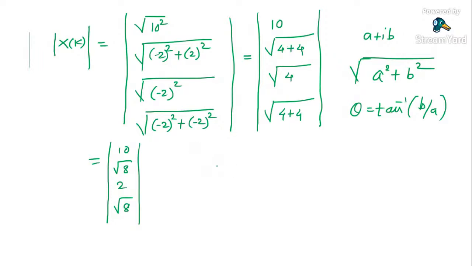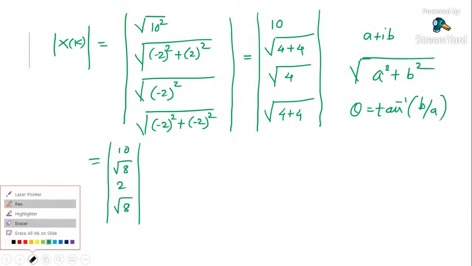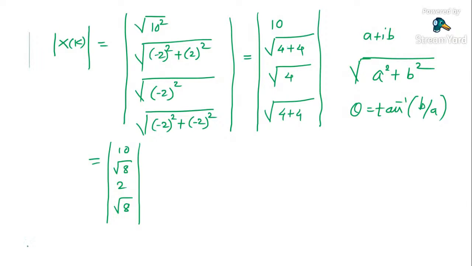Now find out 1 by N summation of X of k bracket square.